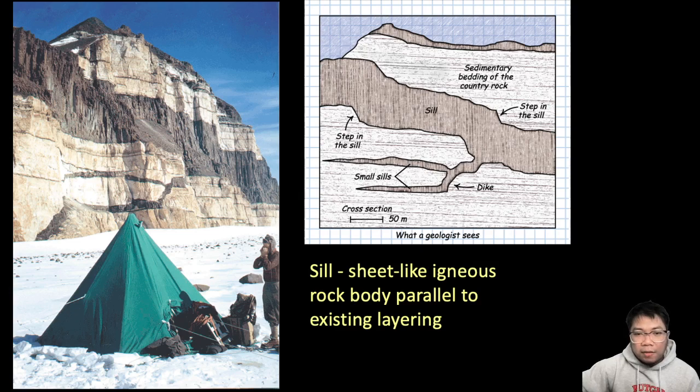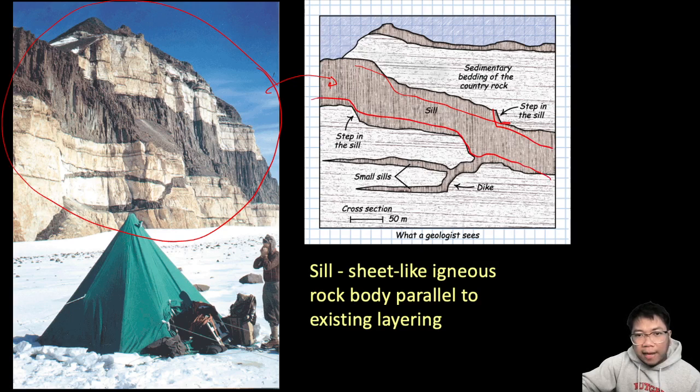Here is an example of a sill. A sill is a sheet-like igneous rock body that is parallel to existing layers, and usually those layers are sedimentary rocks. So for example, this is a nice picture of a sill right here, and this is the illustration of that sill. Right in the middle, we have the igneous body, the sill itself. And as you can see, the sill is generally parallel to the surrounding rock layers.